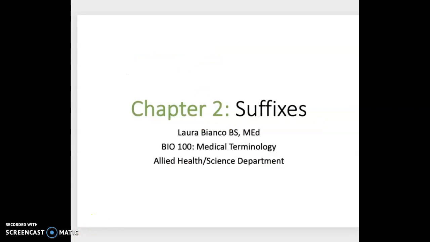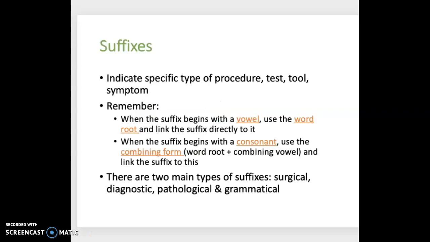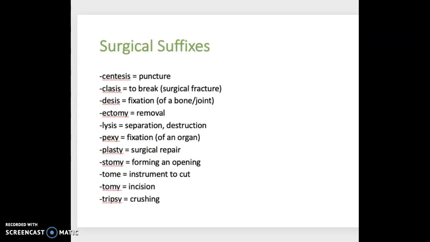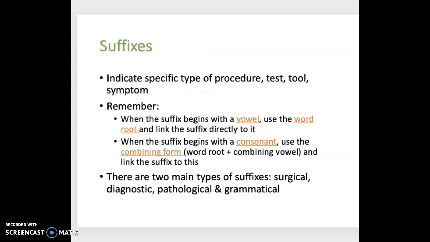Now we'll move into chapter 2, and this covers suffixes. Remember that suffixes are typically added to the end of a word to change the word's meaning. So if you change a suffix, it's going to change the entire meaning of the word. There are a few different suffix types. A surgical suffix is used to describe an invasive procedure on a body part.